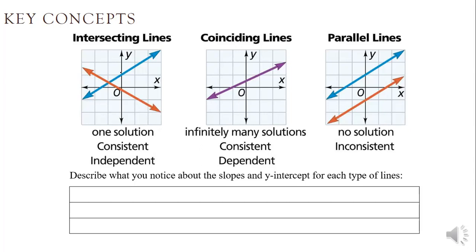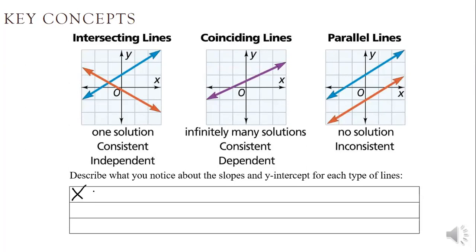All right, so if we look right here, we have intersecting lines, okay? This is an example of a system that has one solution. We call it consistent and independent, okay? So this is a consistent and independent system. Now, how can we identify that from an equation? What does that mean for our slope and intercept?